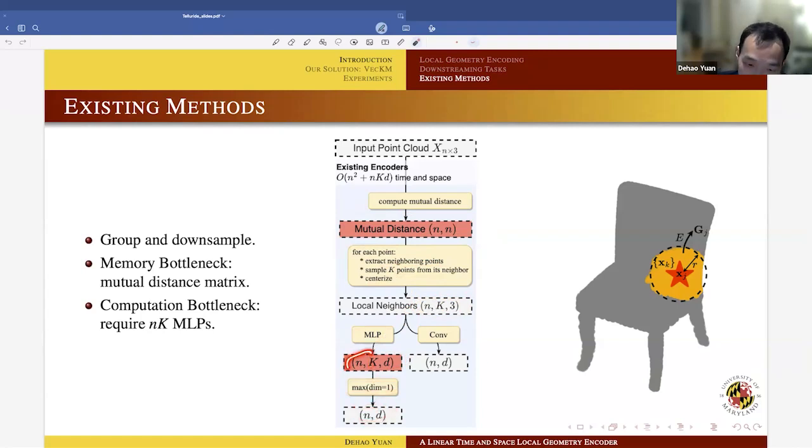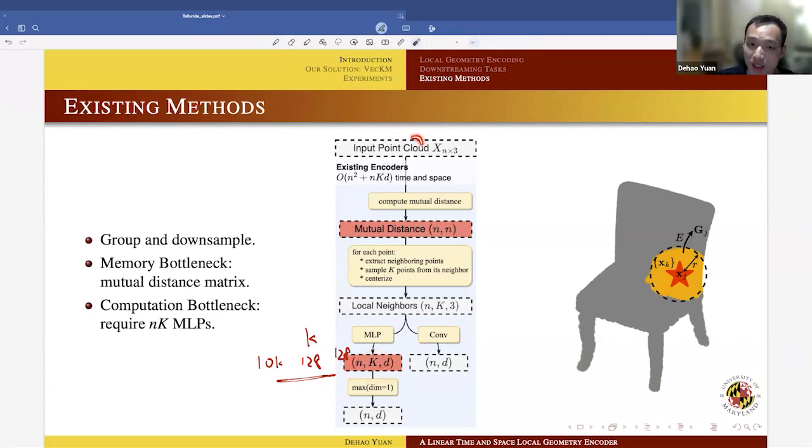As you can see, this n by k by d is also not very good. Let's say you have 10K points and you want to consider 128 neighbors, so k equals 128, and your d may be like 128, then this is also ridiculously large. It would also be a bottleneck for both computation and memory consumption.